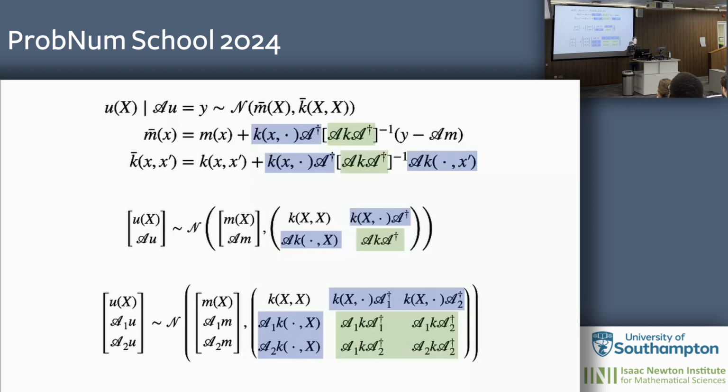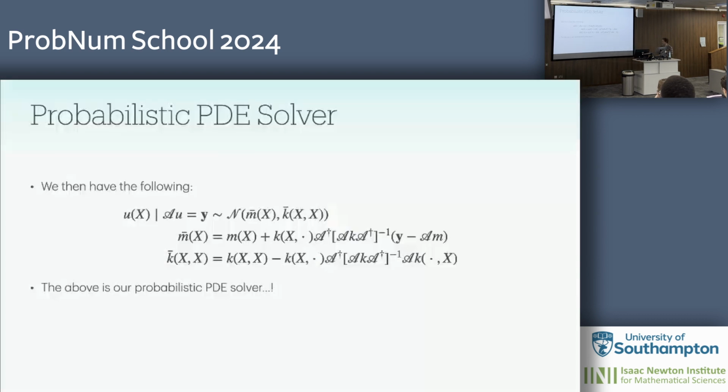So it's not super complicated, right? Here we just have a blockwise bivariate Gaussian, and here we have a blockwise trivariate Gaussian. But these bottom two components, we can just munge into this AU as we have up here. And that gives me my probabilistic PDE solver.